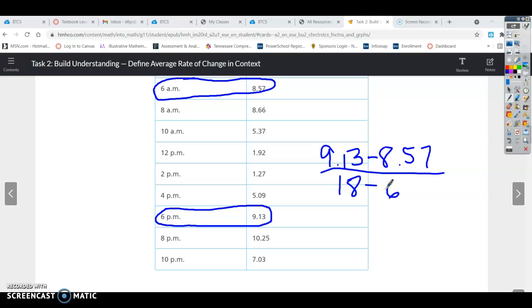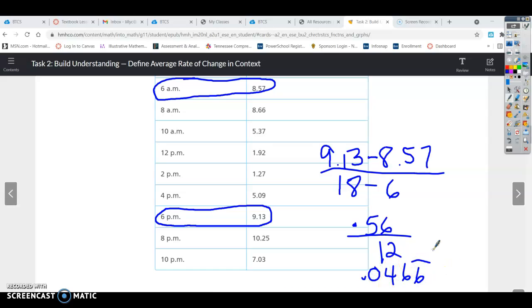When you do that, let's see what we get. So I'm going to get about 0.56 over 12. And that's about 0.04666.